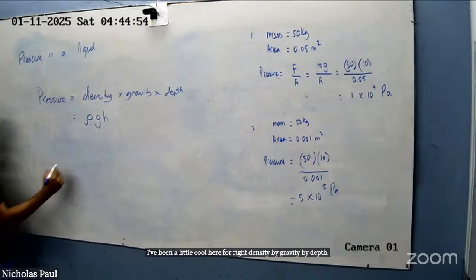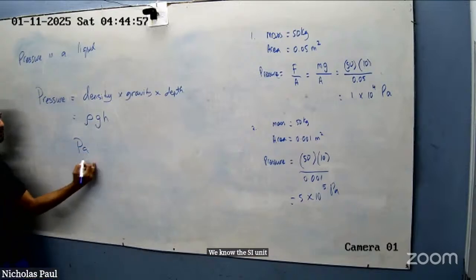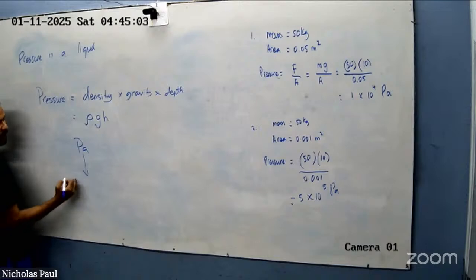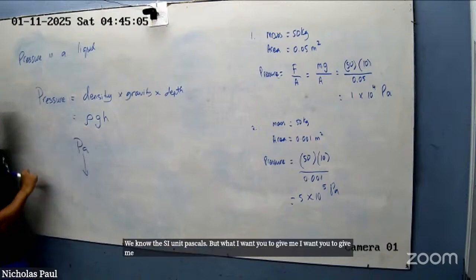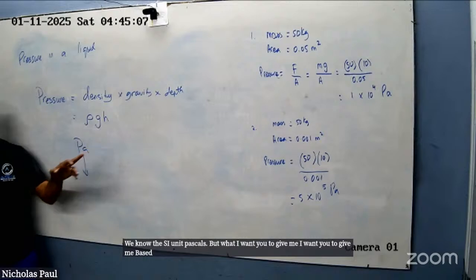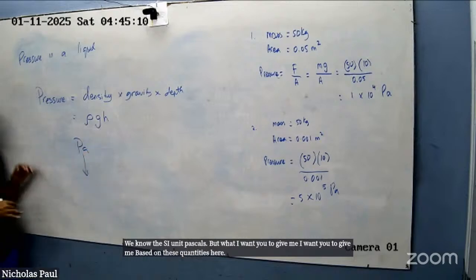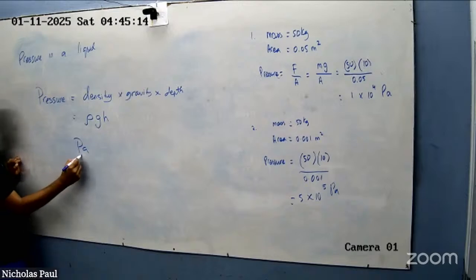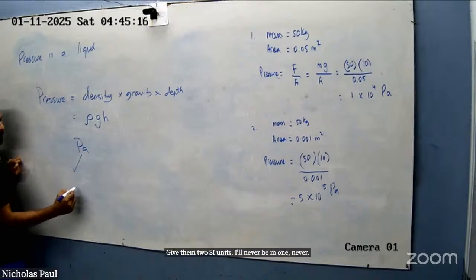We know the SI unit for pressure is pascals. But based on these quantities here, I want you to give me the SI units. It will end up being one unit, but it will simplify.